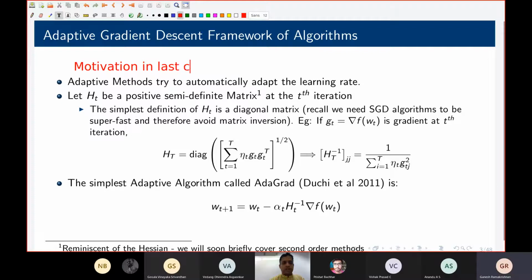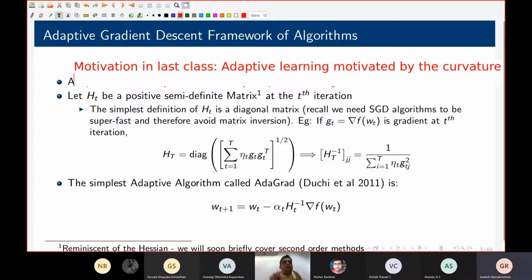In the last class, we had talked about adaptive learning rate, but what is the adaptation? It was motivated by the curvature.